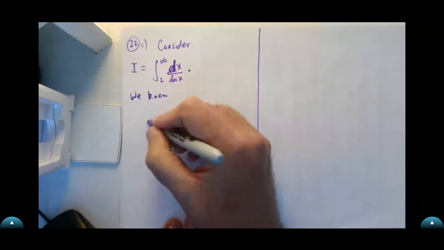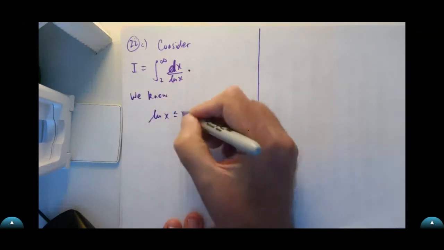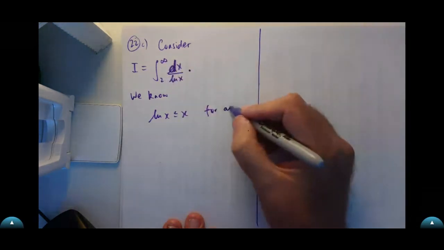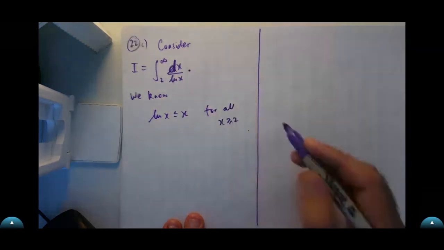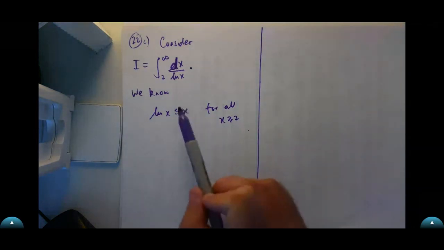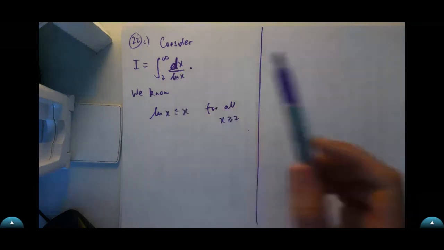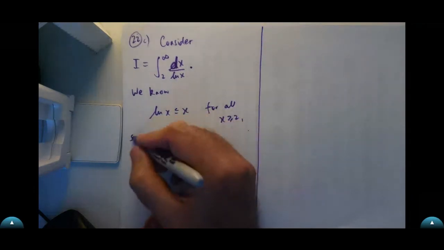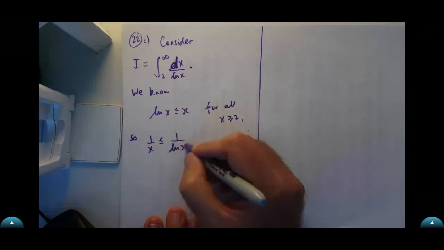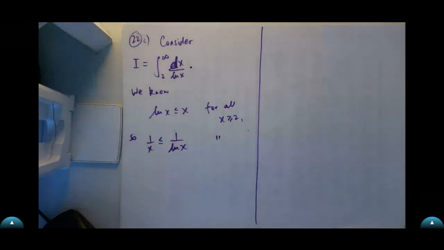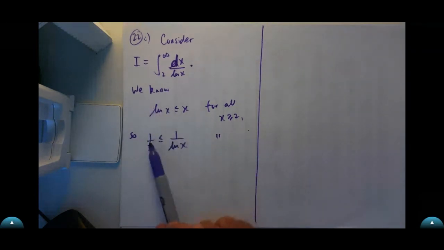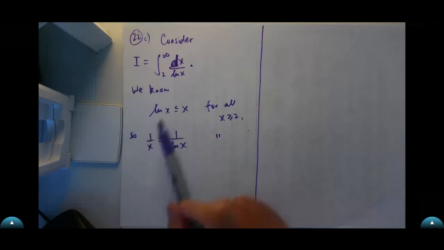We know that the natural log of x is less than x for x between, say, 2 and off to positive infinity. So we can divide there, and we get that. And so when we integrate this, this is going off to positive infinity because it's, again, a p test, p integral.